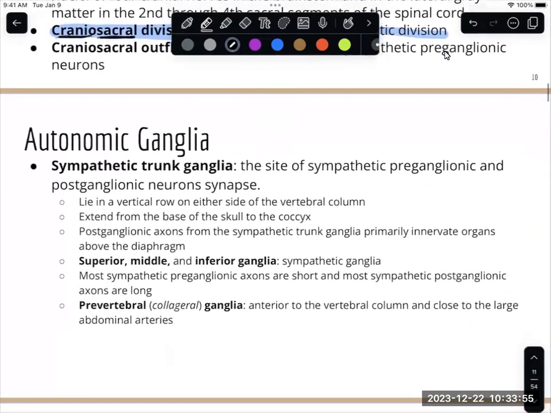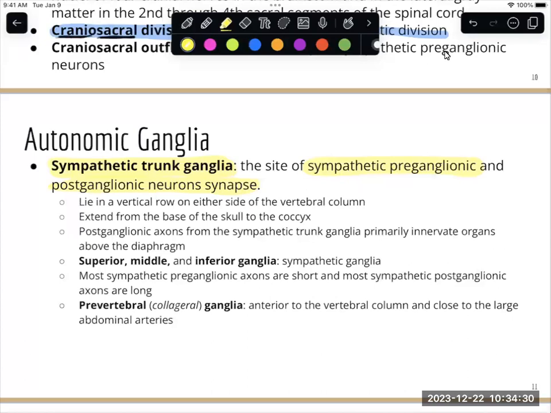So we have a sympathetic trunk, which is an entire chain of ganglia where these sympathetic preganglionic neurons enter these ganglia, and these postganglionic neurons leave these ganglia.